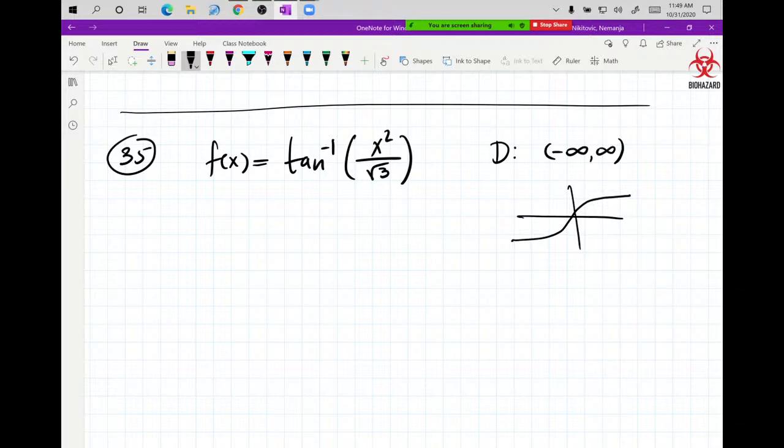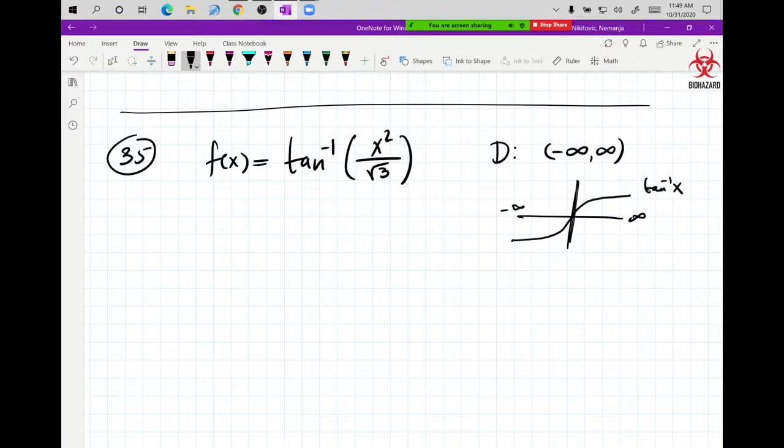So I am allowed to plug in any value in here for x squared. I can put positive, negative numbers, whatever. Dividing it by a number is still a number, and then the inverse tangent will always give an answer to all of that stuff. So, yeah, -infinity to +infinity, and this is just inverse tangent of x.